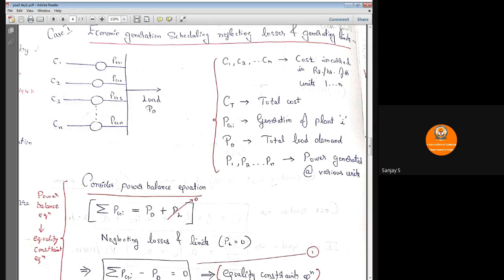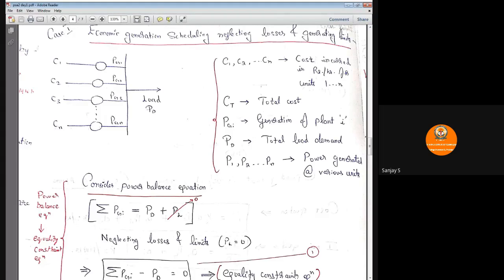Then we started with the power balance equation, which was total power generated is equal to total power being consumed plus power wasted in the form of losses.